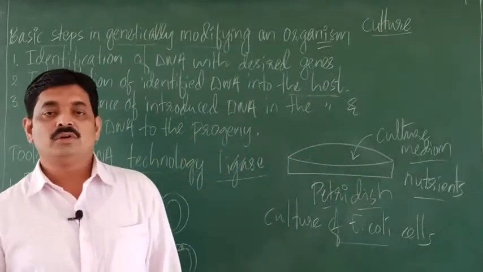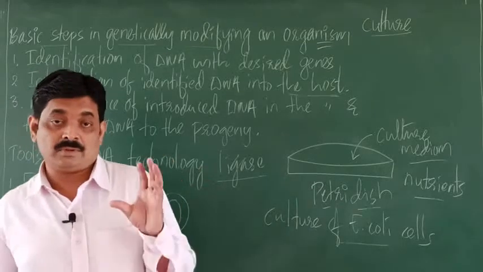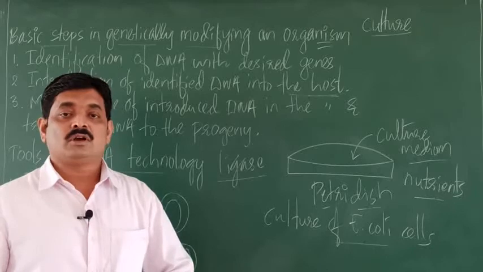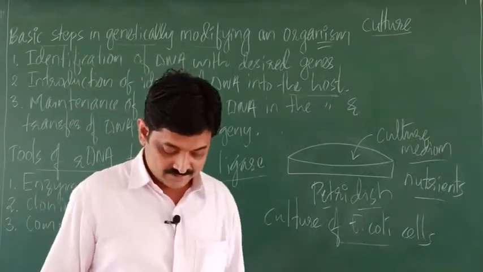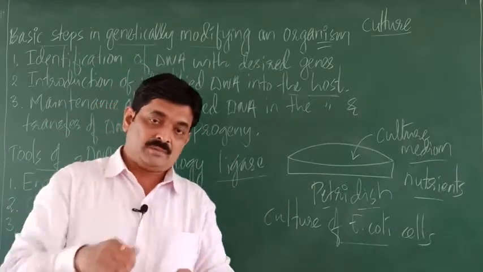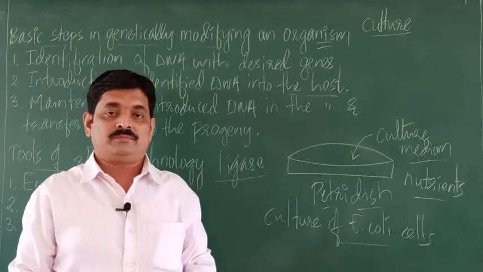This is how the culture of E. coli cells is produced in biotechnology labs. Understood the procedure? First, a Petri dish is taken, in that culture medium is added, and to that culture medium E. coli cells are added, right?